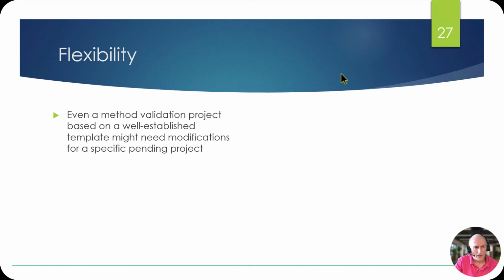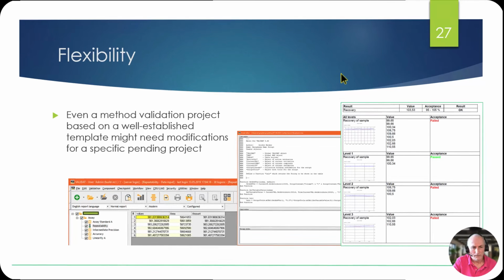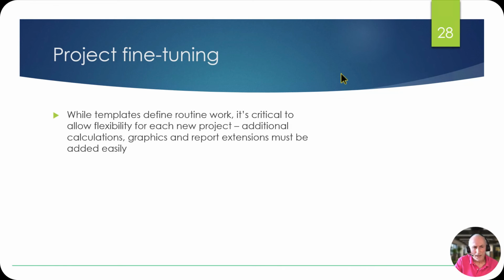Flexibility. Even a method validation project based on a well-established template might need modifications for a specific pending project. Project fine-tuning. While templates define routine work, it's critical to allow flexibility for each new project.